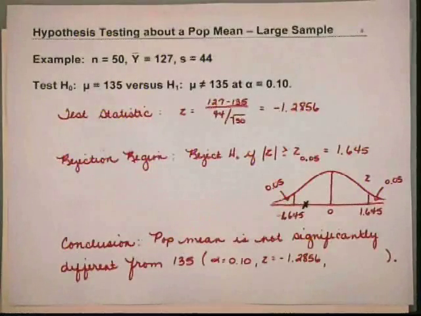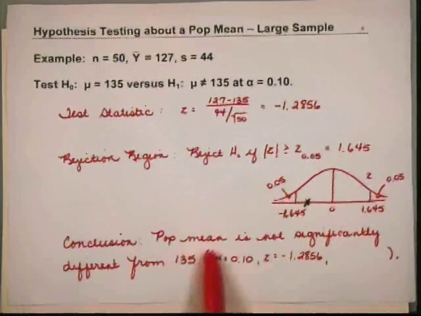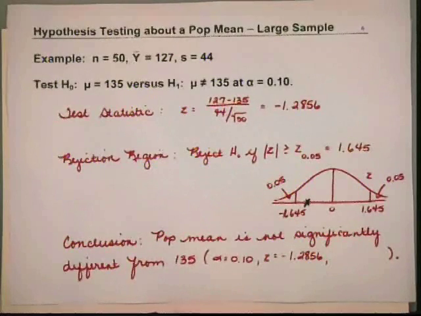All right, when you report your results, it's got to be in the context of the problem, right? You can't go to the boss and say, I rejected the null hypothesis. The boss is going to look at you like you're crazy, okay? The boss wants it in the language of the problem. So in this class, I'm the boss. Okay? I want it in the language of the problem.